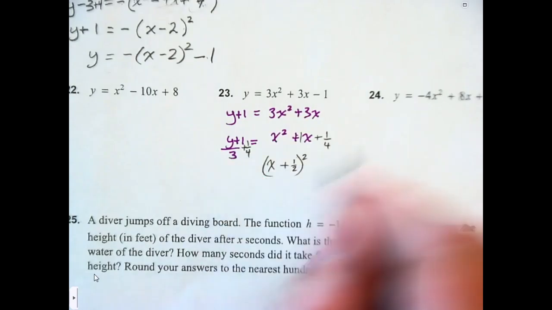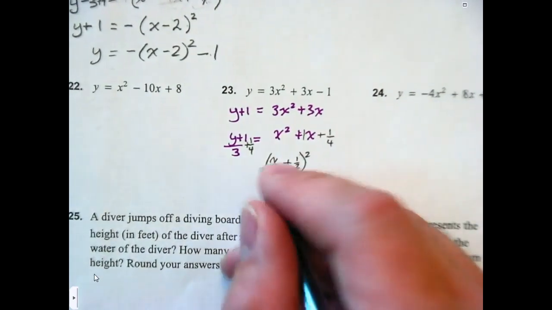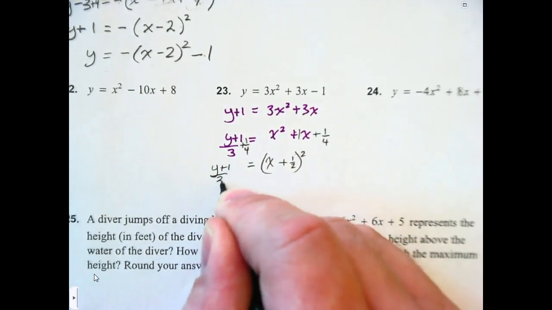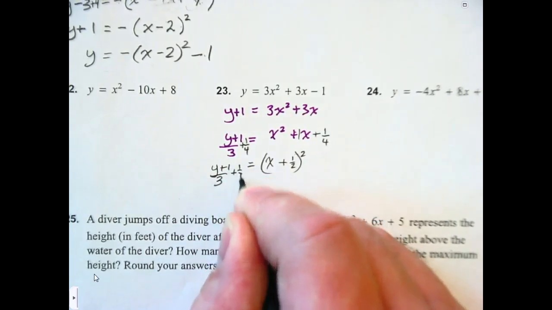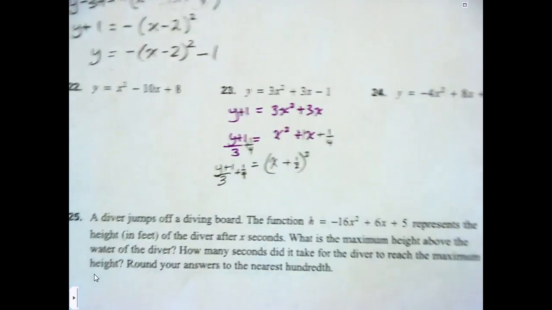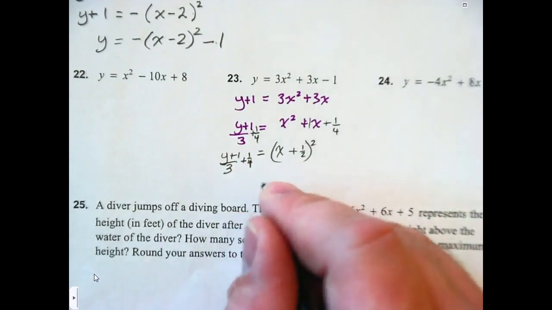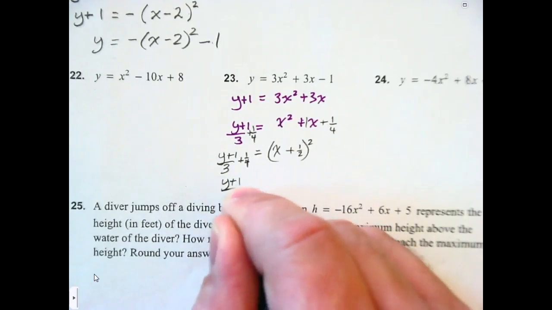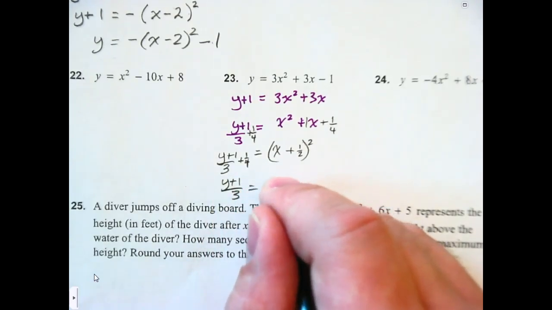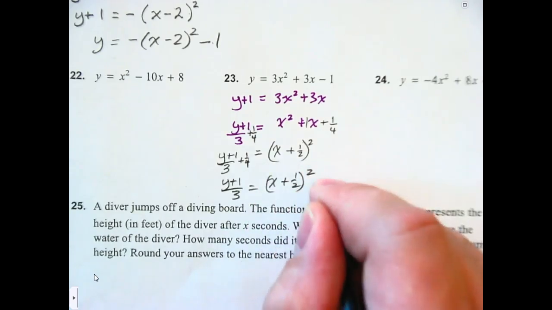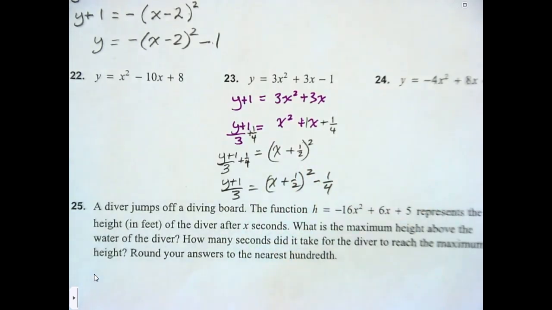And so now, to get rid of all that stuff, you'd have to go through the whole process of moving all that over. Okay, so you move the 1/4 over first by subtracting 1/4. Then multiplying everything by 3.